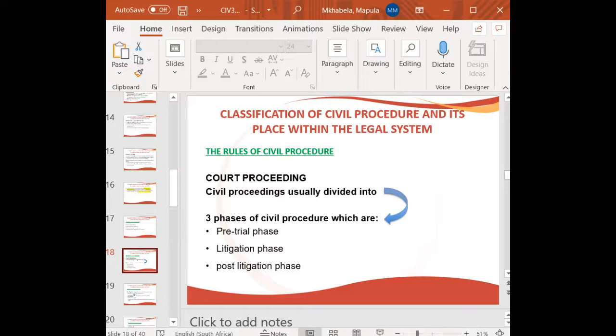With this in mind, please note that there are three phases of civil procedure: the pre-trial phase, the litigation phase, and the post-litigation phase.